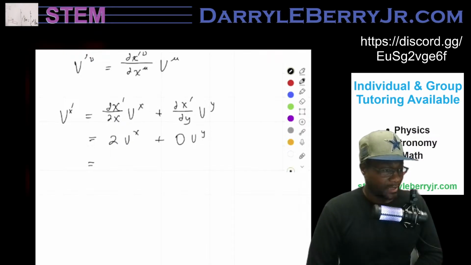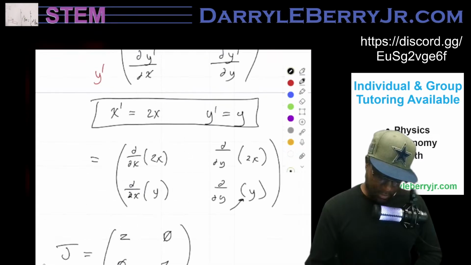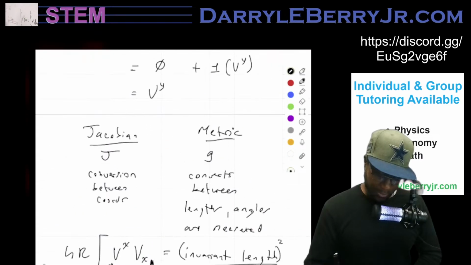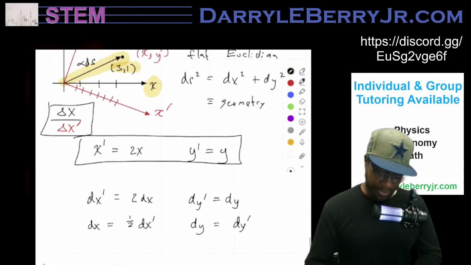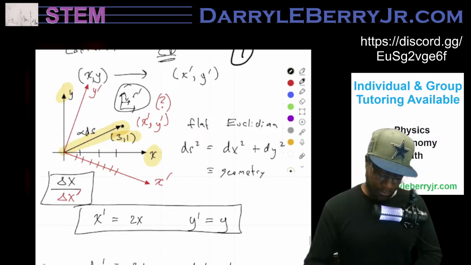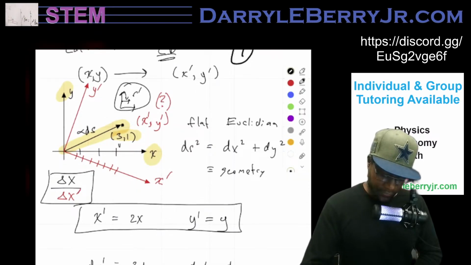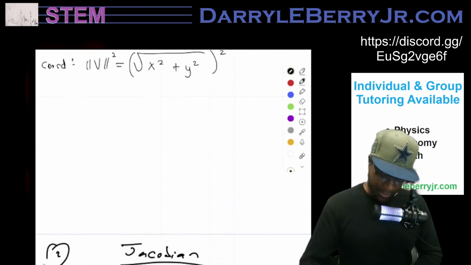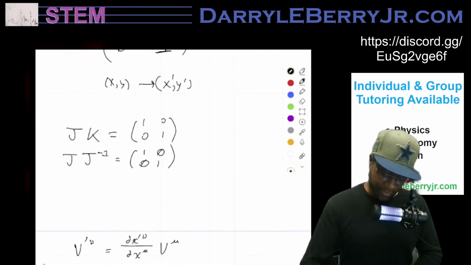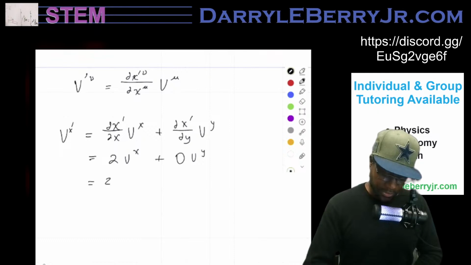And if we look at the vectors that we're working with, we pick the vector to be 3, 1. So this is vx and vy. So that means that I can plug in my vx here. This is 2 times 3 plus 0, so that's 6.